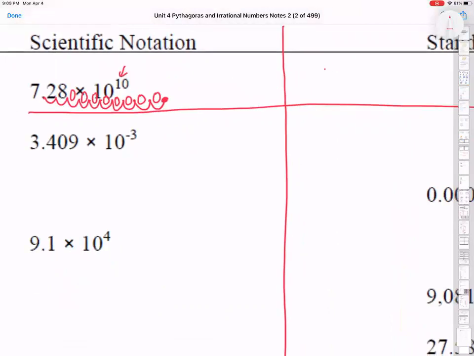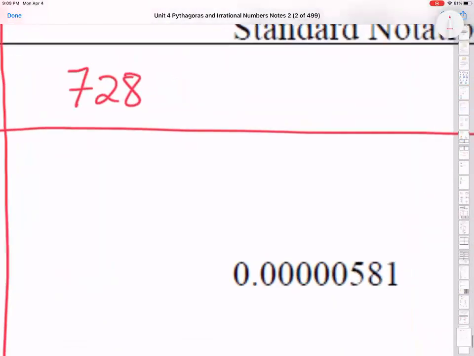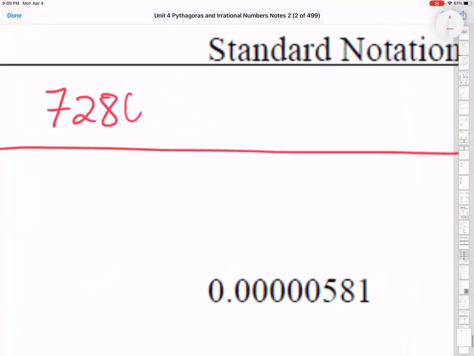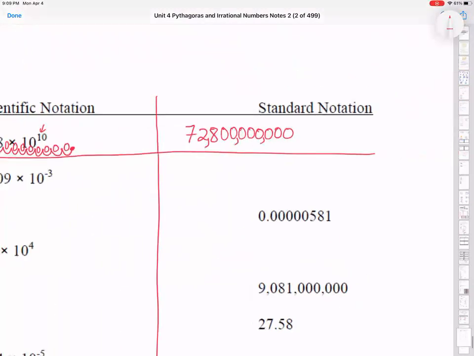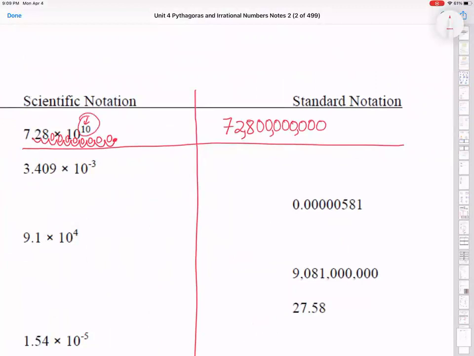I'm getting 7, 2, 8, and then, oh man, probably 8 zeros? Yep, 8 zeros following it. So for standard notation, 1, 2, 3, 4, 5, 6, 7, 8, and then again, the commas. So that scientific notation boiled down to 72,800,000,000 as the standard notation. Again, positive exponent, really big positive number.